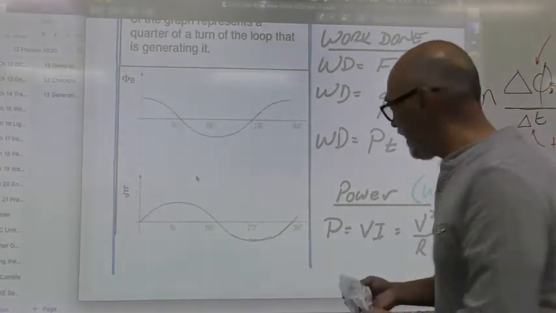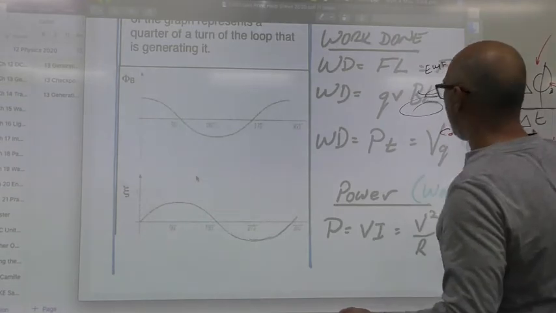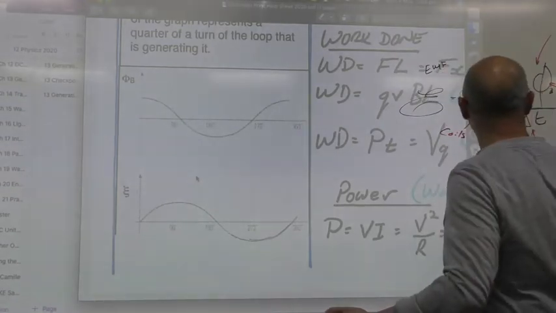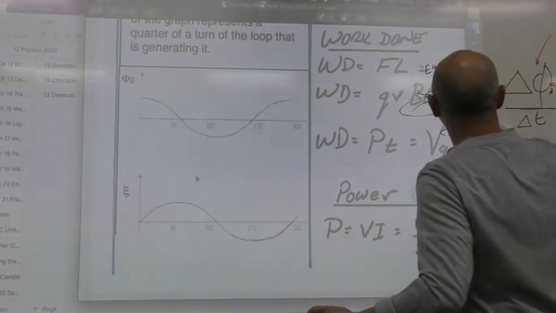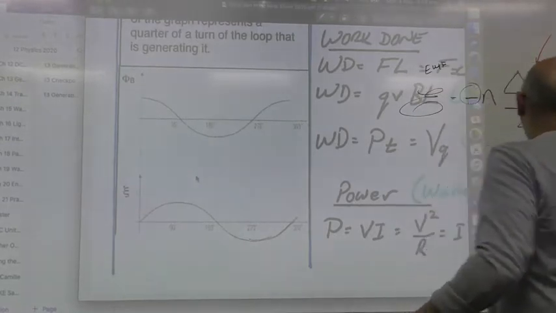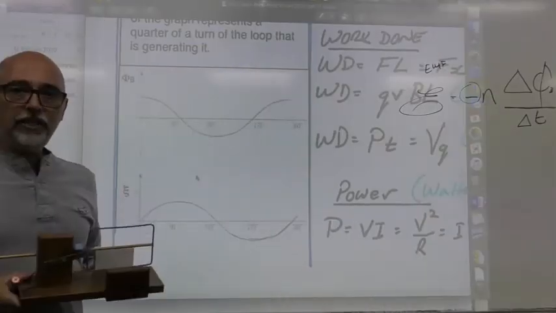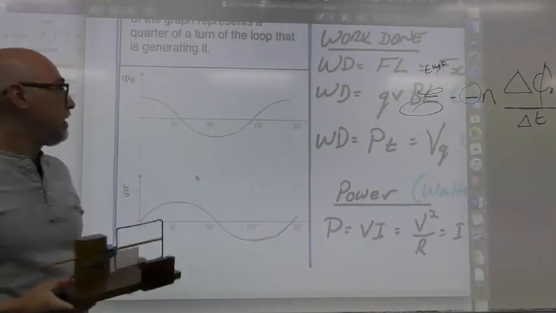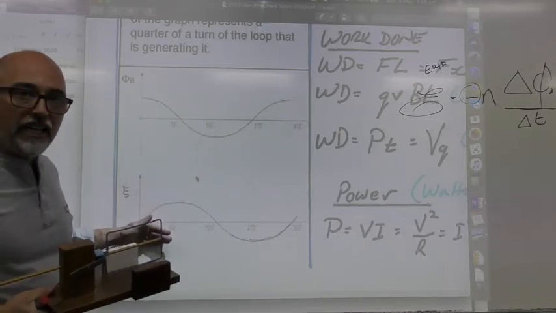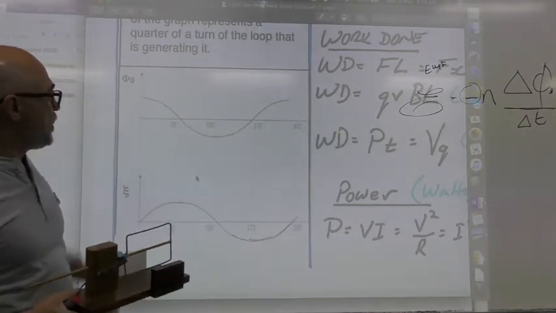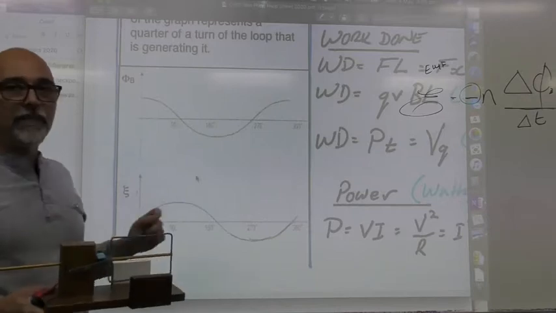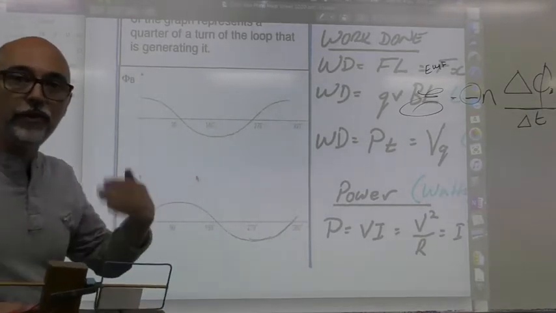If you don't, it just makes a lot of this stuff a lot harder to understand when you're trying to do things, okay? All right, so how do we understand this graph? This is the best way that I can think of to explain it, but relationship between flux and the generated EMF. In this position, you can see that we have maximum flux, and we'll say through the front of the loop here.